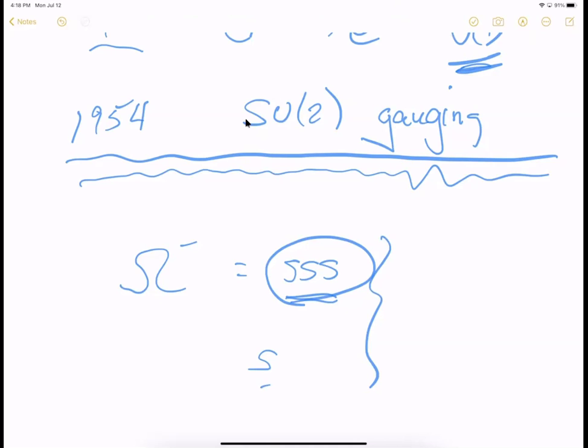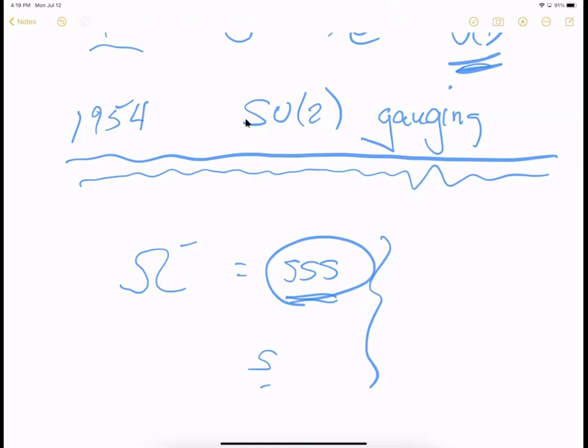And that was echoed in 64, 65, pretty much the same year by Greenberg, and then independently by Han and Nambu. It was actually Han and Nambu, I think, who proposed an additional SU3 gauge degree of freedom. Later, that was called color.